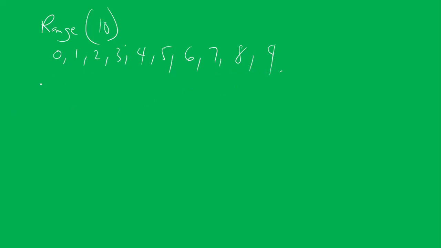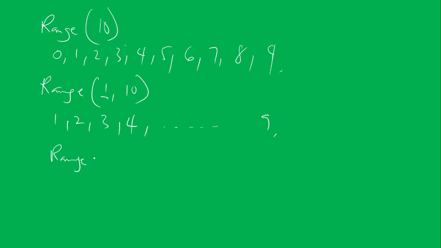And if you have range 1 to 10, it will start from 1: 1, 2, 3, 4 till 9, it will not get to 10. So this means you're starting from 1.